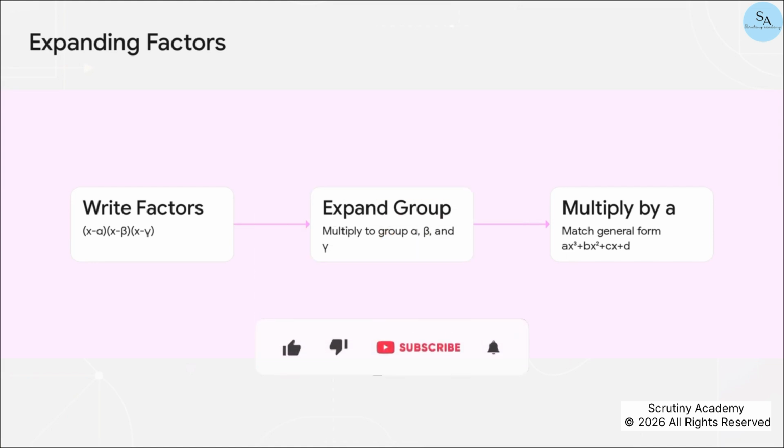I promised you we wouldn't just memorize things today. I really want you to understand why this works. This is the actual engine of the math. If you take those three zeros and write them out as basic factors multiplied together, so x minus alpha times x minus beta times x minus gamma, and you do the hard work of expanding all those brackets, you naturally create an equation that clumps the alpha, beta, and gamma together in very specific ways. The math naturally lines up the sums and products of our zeros right into the exact slots for our b, c, and d coefficients.